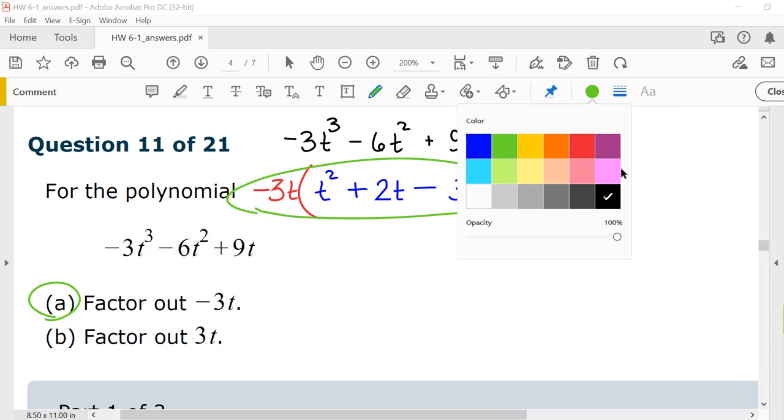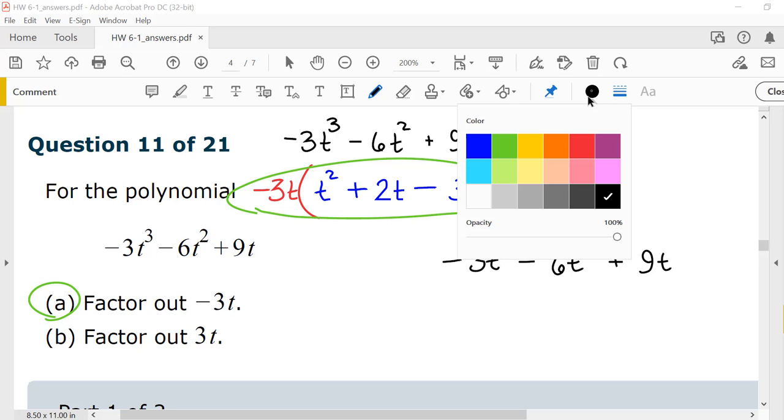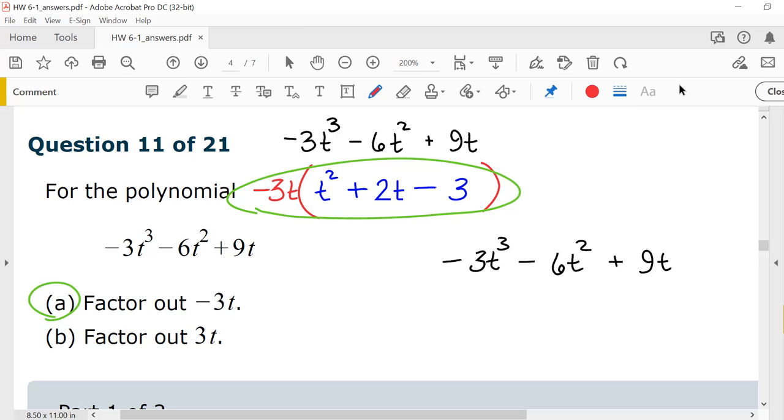We're going to do this again. Let's write the polynomial again. Negative 3t cubed minus 6t squared plus 9t. But this time we're going to factor out just 3t, not negative 3t.